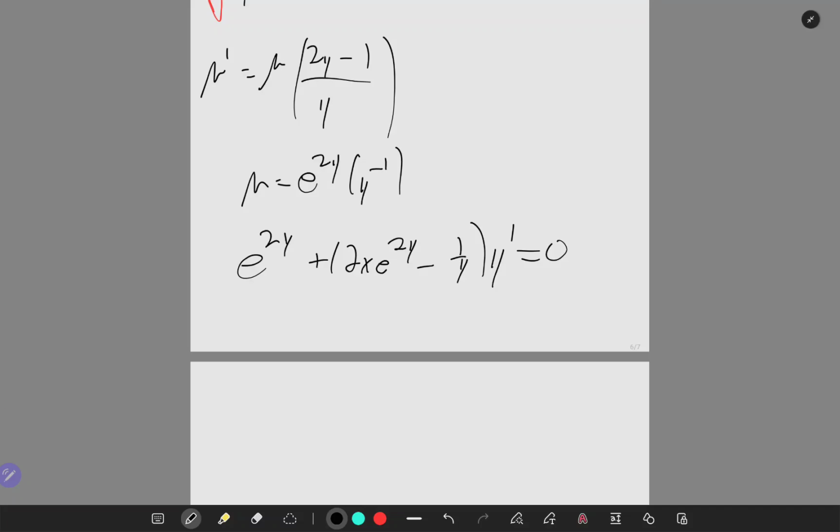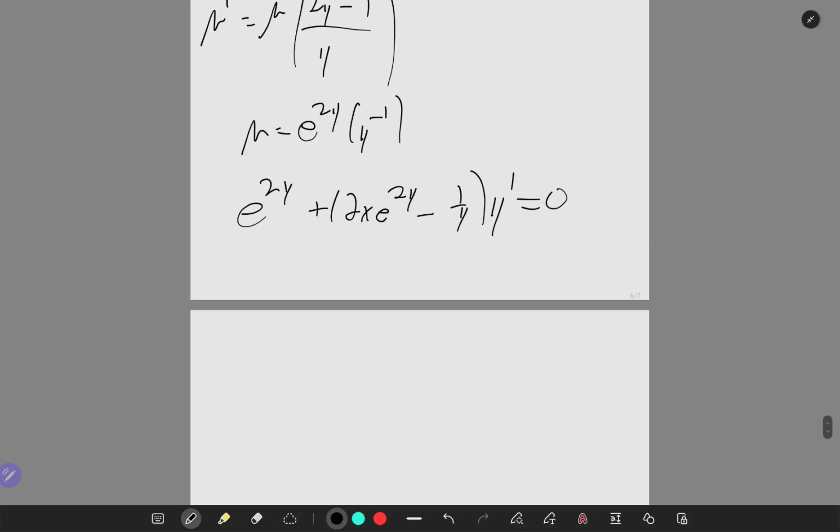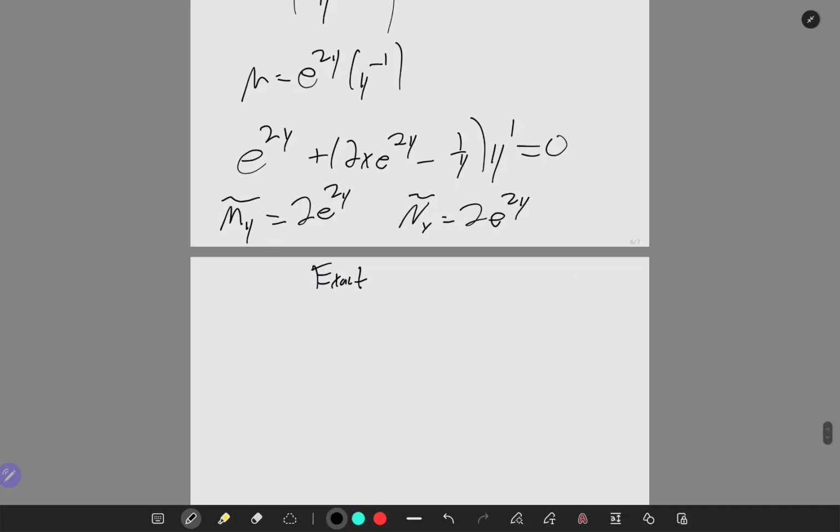And then we can now solve this because we know it's exact now. Let's go ahead and prove that it is exact. So we have M sub y is equal to 2e to the 2y, and N sub x is equal to 2e to the 2y. So it's exact. I'm going to do phi with respect to x first, because that's so much easier than the other one.